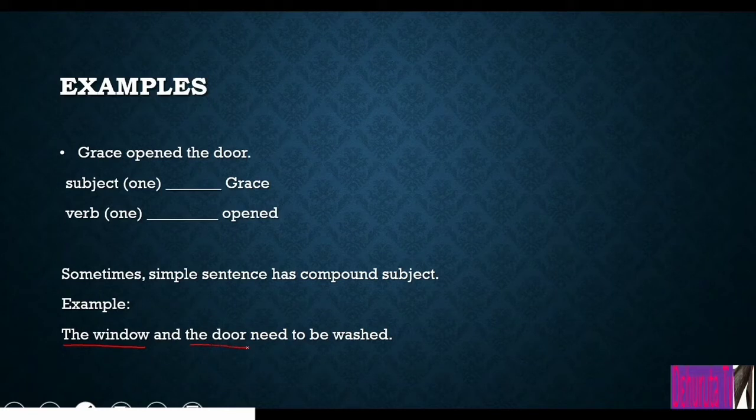But there is a conjunction linking them. So we have two subjects, which makes the subject compound. So when we say a simple sentence has a compound subject, this is what we mean: there is a conjunction between two subjects, bringing them to become one.